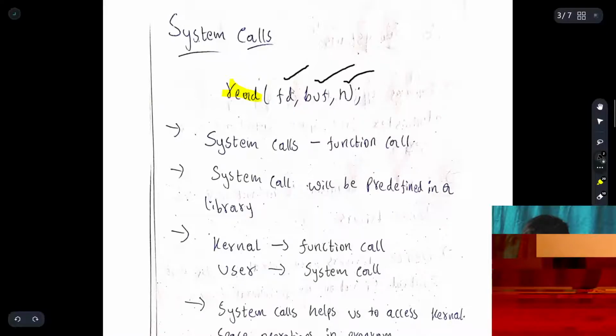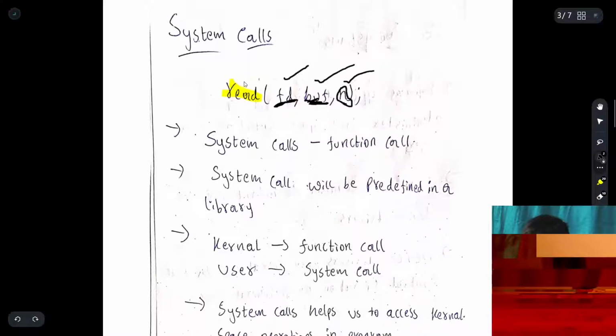The user will not have clarity regarding these read parameters. The file descriptor is not known by the user, and the buffer is not known by the user. He will just directly give the file name or file path, and the buffer will be filled directly with the help of the kernel.